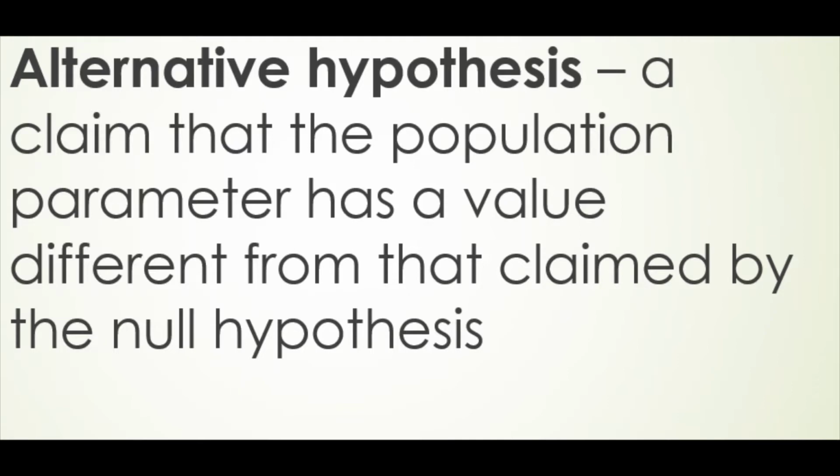So in our example of the dog food, if our null hypothesis is that the average age of dogs who eat our dog food is equal to the average age of all dogs, then our alternative hypothesis is going to be that the average age of dogs who eat our dog food is greater than the average age of all dogs. And we're hoping to be able to support our alternative hypothesis with the results of our experiment.